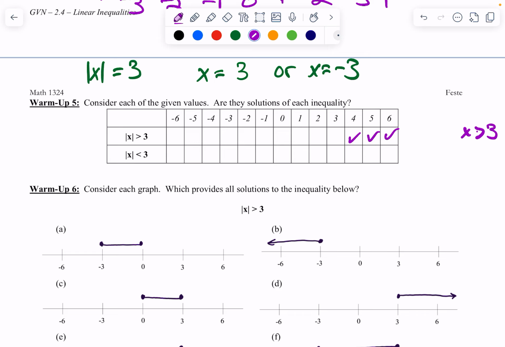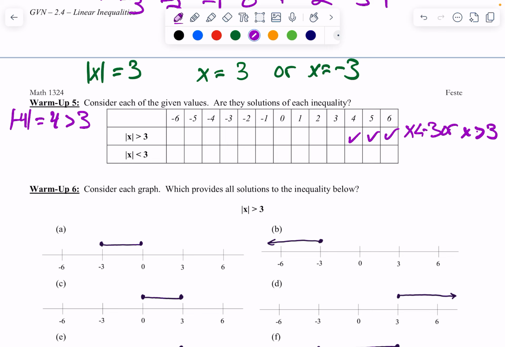Now, what about the absolute value of x when the x is -3? Now what's going to happen is we're actually going to be going to the other side. So x is less than -3. If you think about plugging in here, absolute value of -4 is 4, which is greater than 3 for that one.